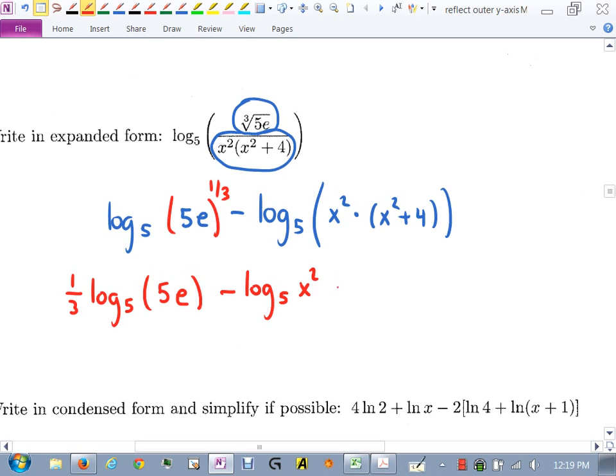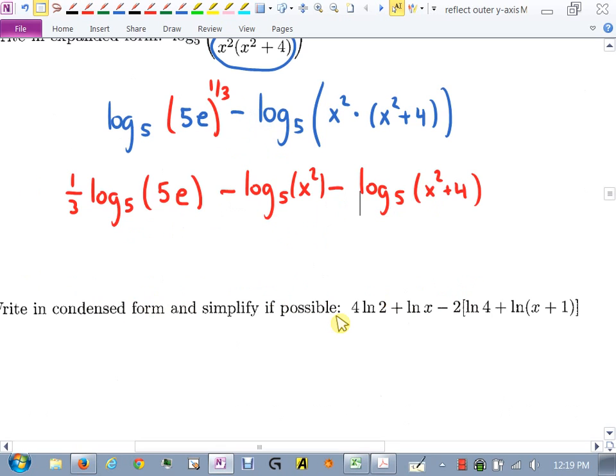It was plus, but now it's minus. Log base 5 of x squared plus 4. And I'll put parentheses around this x squared too. Can I bring this 2 down? Yes. Can I bring this 2 down? No. Can I break this apart anymore? No. This one's done. This one, the 2 can come out.